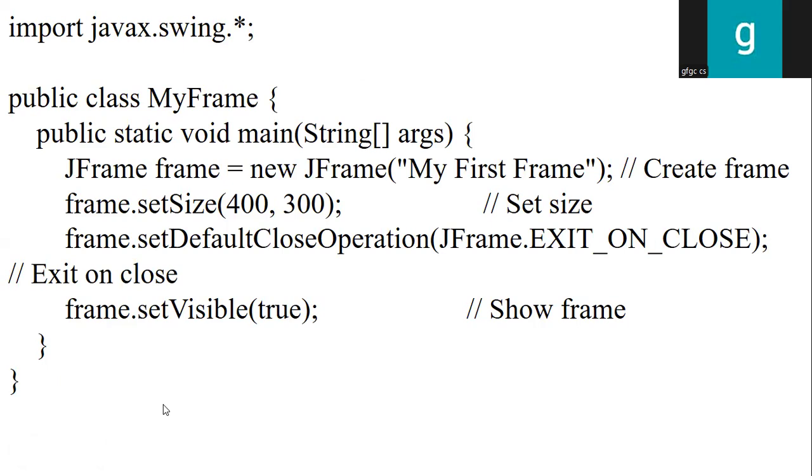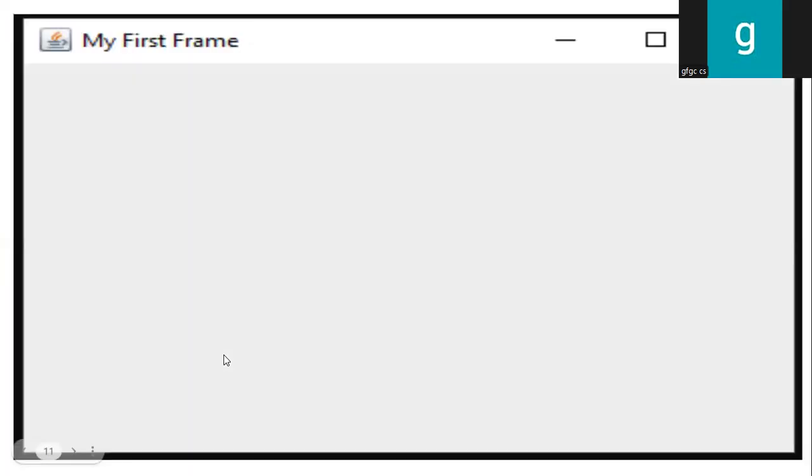What is the function of this method? When I click on the close button, it should close that frame. Frame dot set visible true. That frame should be visible over here. Okay, here is the output. I have created my frame here.